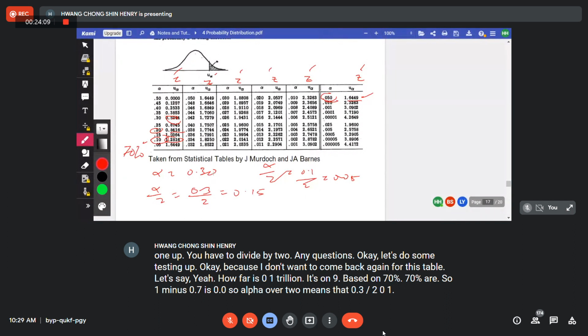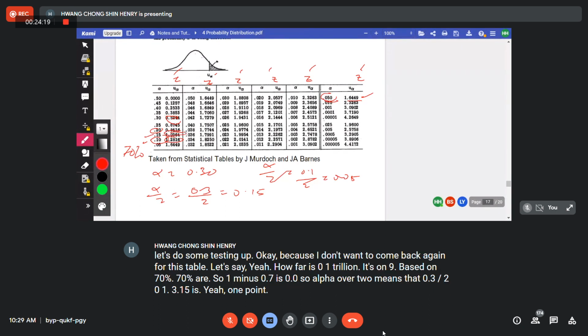Don't look at 0.3. 0.15 is here: 1.0364. Don't forget to divide by 2.